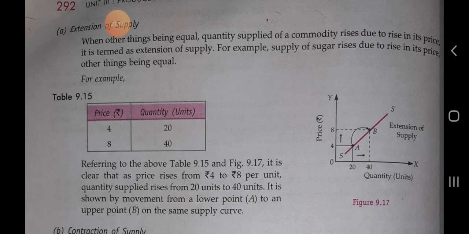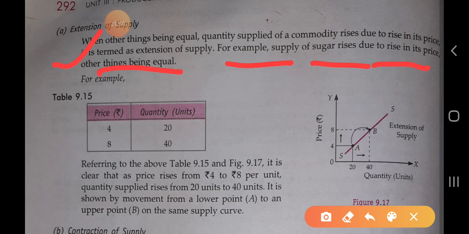It is called the extension of supply. For example, the price of sugar rises, in that case the supply of sugar also rises, and we have taken the other things being equal.